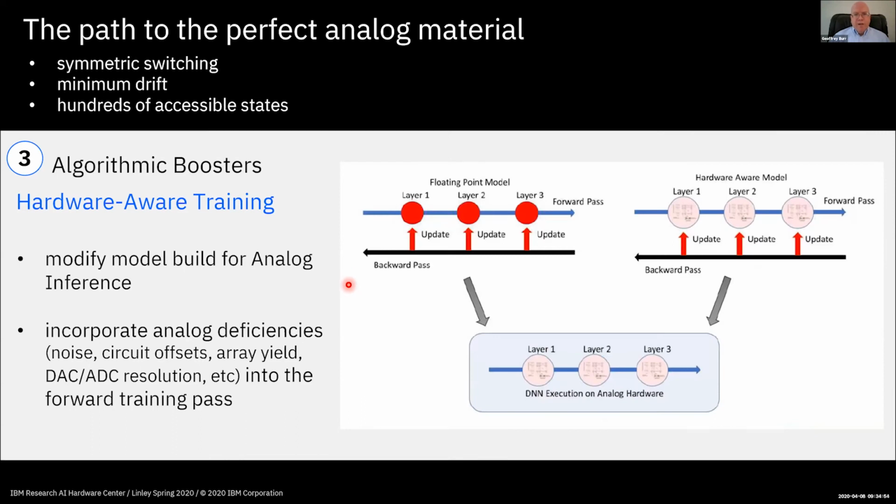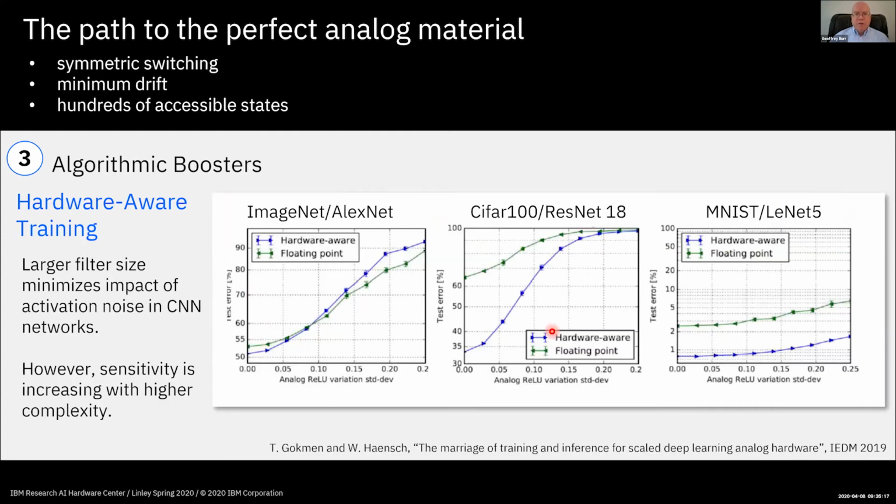In terms of training, in the same way that when you use a digital accelerator with reduced precision, you are going to train specifically for that bit precision, you can also do the same concept in analog. You can incorporate the analog deficiencies in a generic way into the forward training paths as you build the model in such a way that when it comes time to do the inference, and these curves are done with basically every error that we know of, essentially with the knob turned up to a very large degree, and showing that, in situations where the floating point essentially already has trouble, before we turn on this noise source, we already have many, many noise sources that are making the test error go high.